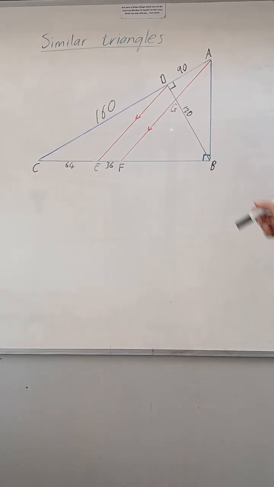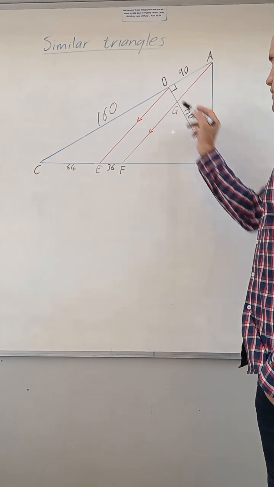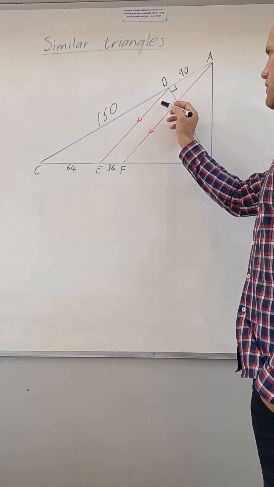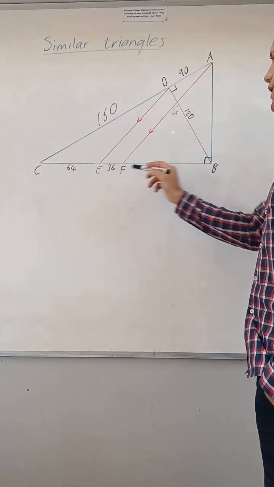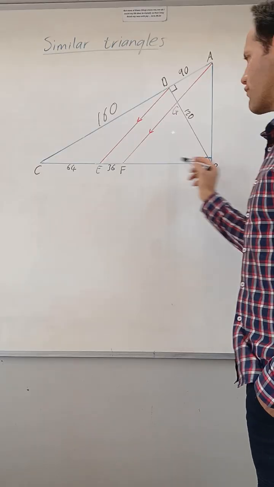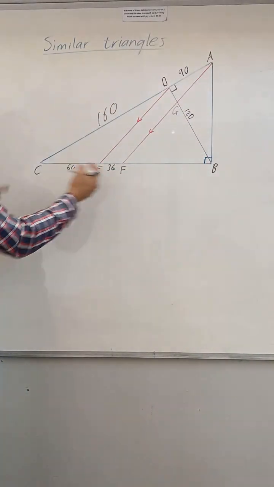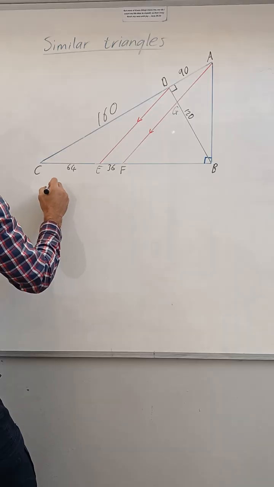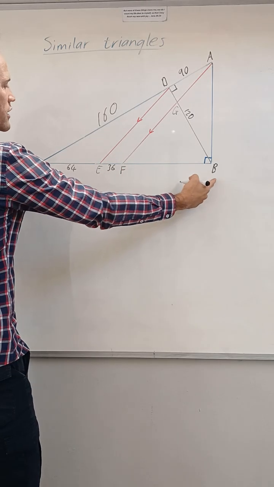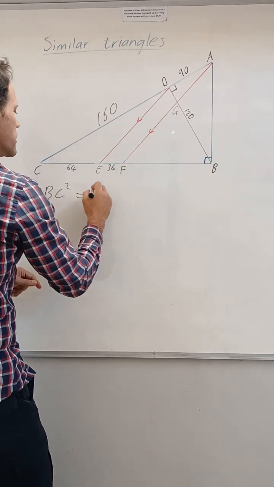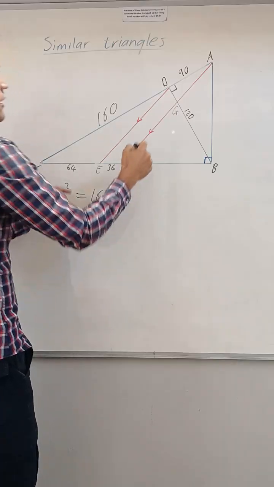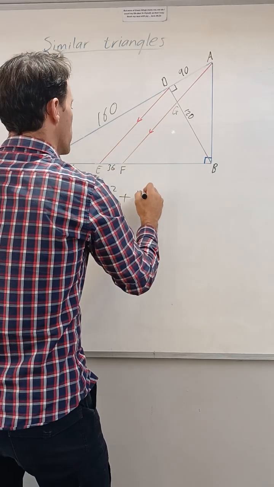So, okay, if we know that BD is 120, and this is 90 degrees, then we can use Pythagoras to find FB, because that's the next one we need. Okay, so we can say BC squared, the long side squared, is equal to 160 squared plus 120 squared.